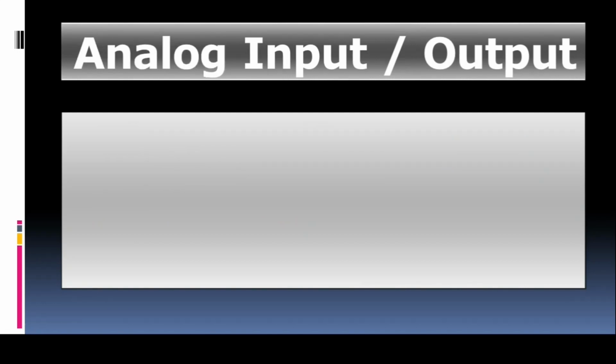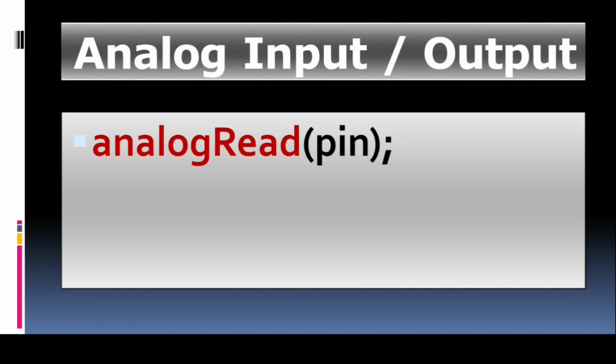Next we learn about analog input and output functions. The first function is analogRead. The analogRead function is used for the ADC of the ATmega328 controller. ADC is the analog to digital converter. For this analogRead function, we can use pins A0 to A5 on the Arduino.